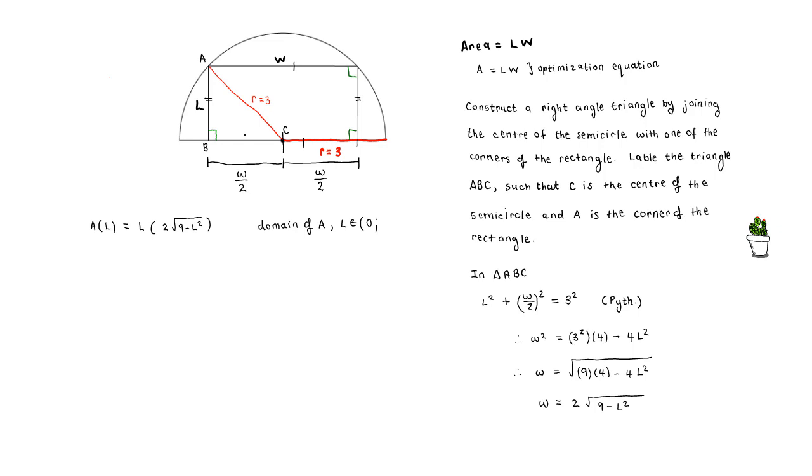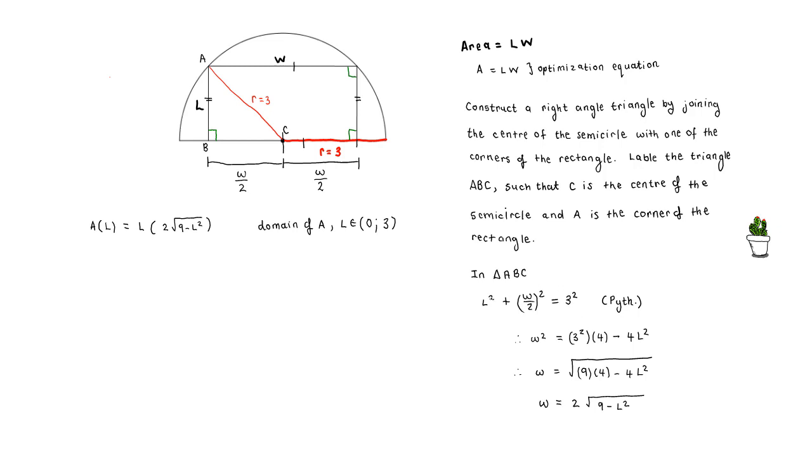Because our semicircle itself has a radius of 3, and L has to be governed by the Pythagoras theorem. So even though substituting L equals 3 into the equation still gives us a valid answer, we can't include that value of 3, because the radius itself is already 3.